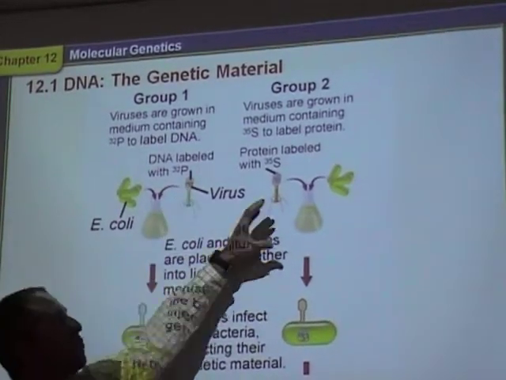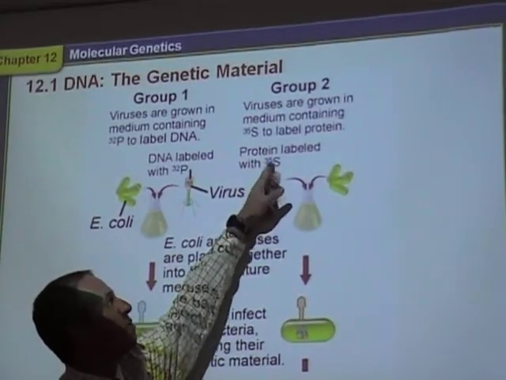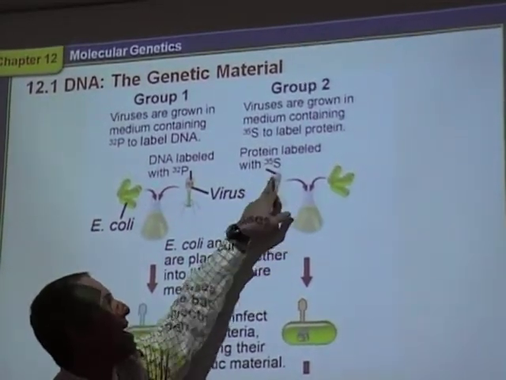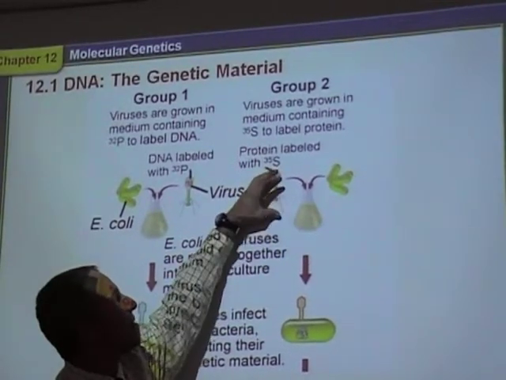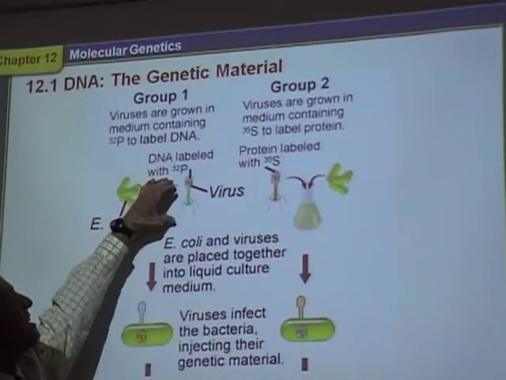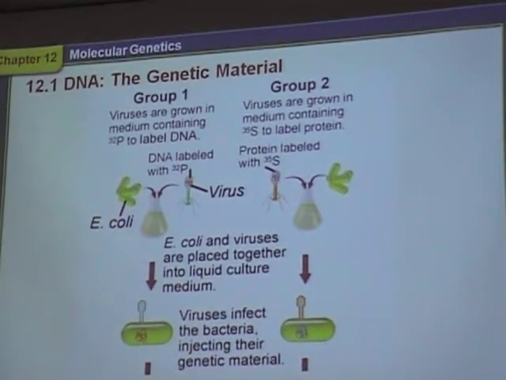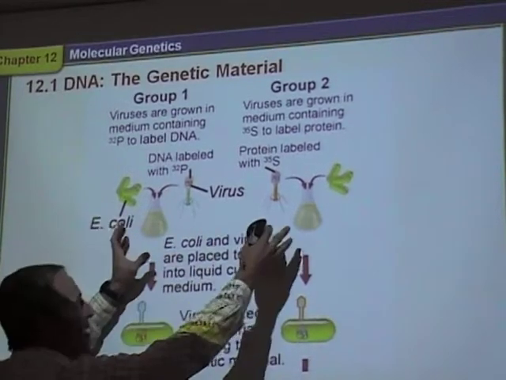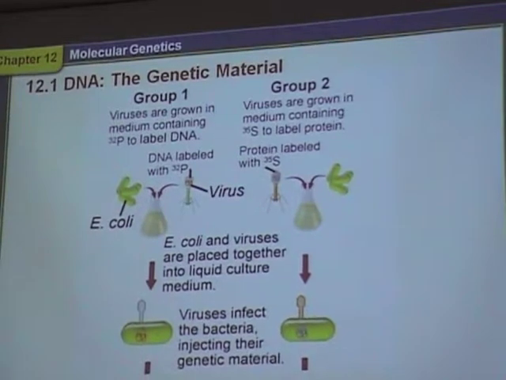In this virus, they gave it a radioactive form of sulfur, sulfur-35. So they made its protein glow. So this set of viruses has glowing proteins, and this set of viruses has glowing DNA. And they put them in beakers, and they let the viruses attack the cells.